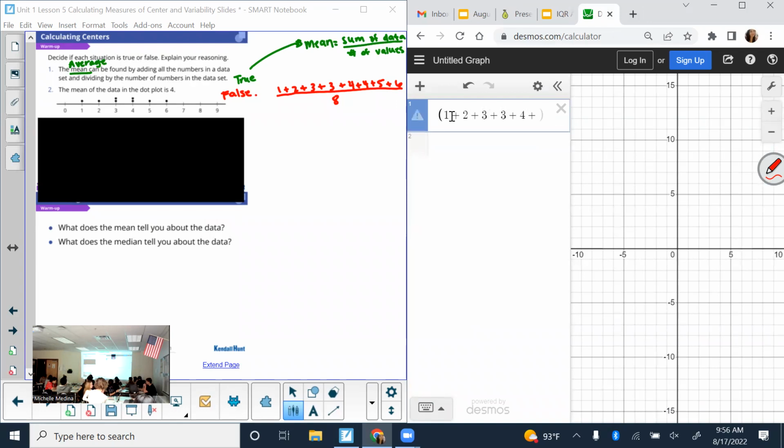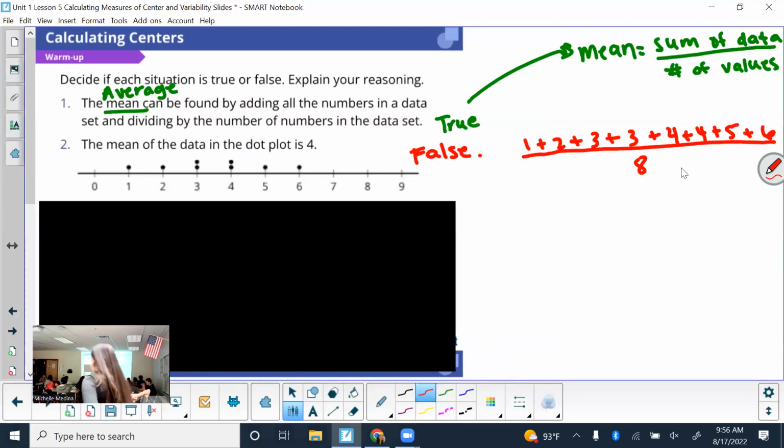I'm sure I could combine some of these, but why do that when I could just type it how it looks on my paper? And then it tells me that the mean is actually 3.5. All right. Questions, comments, concerns? All righty then. So mean of this data is actually 3.5.